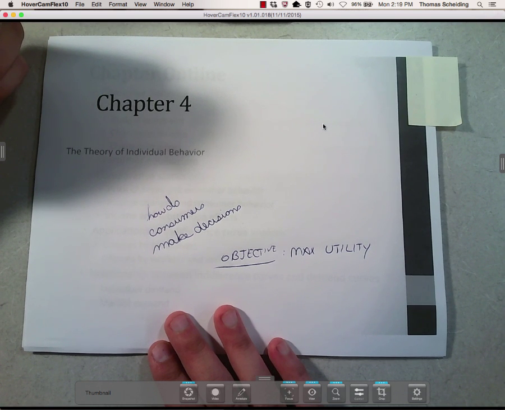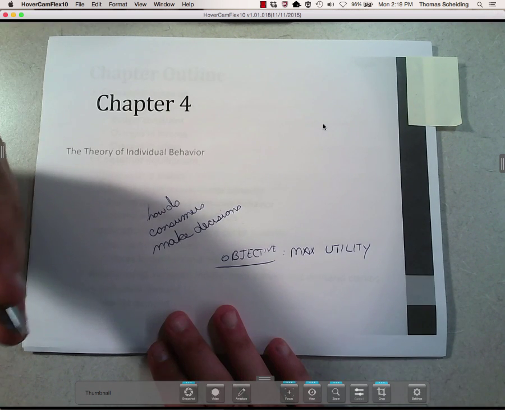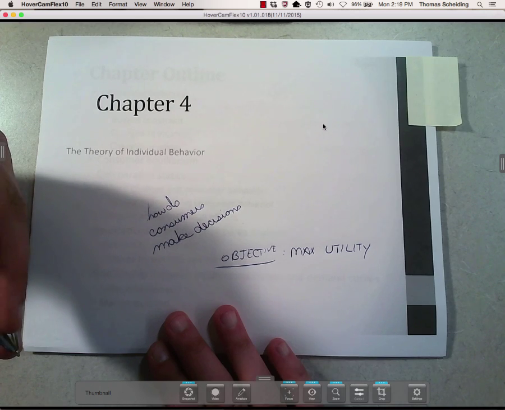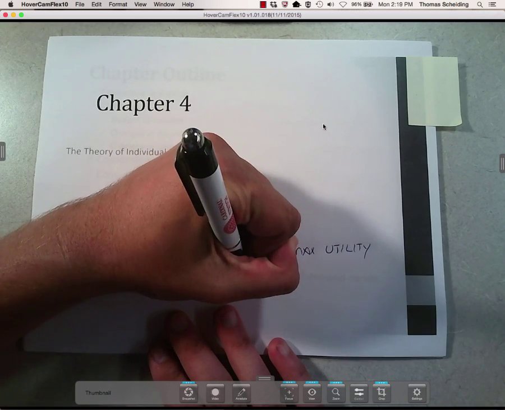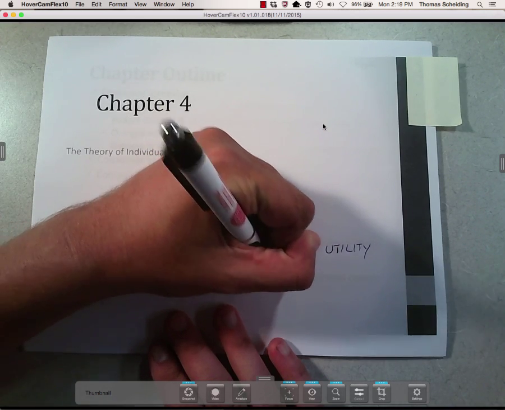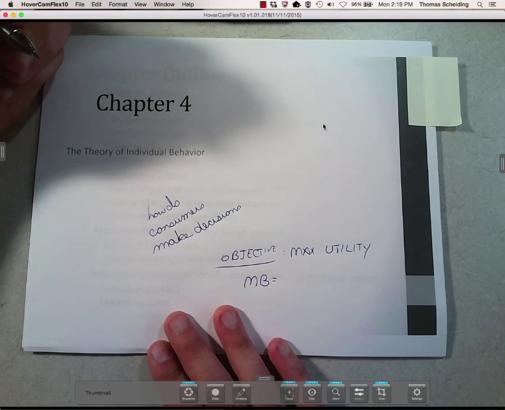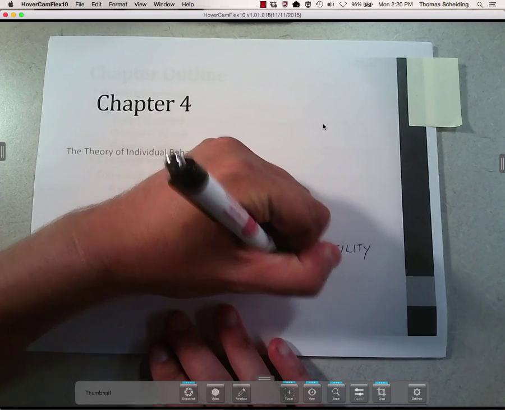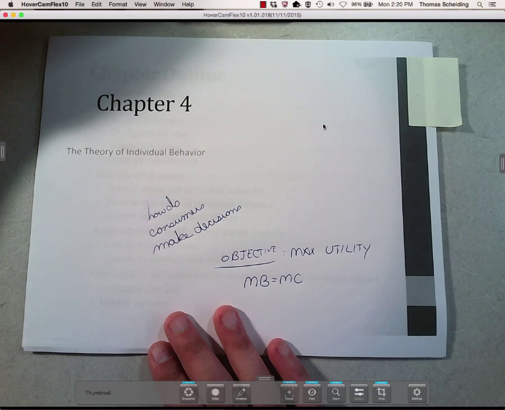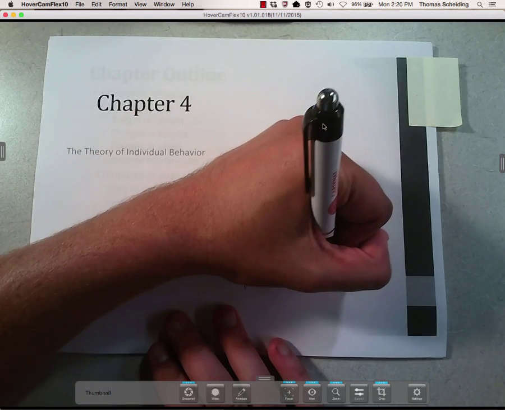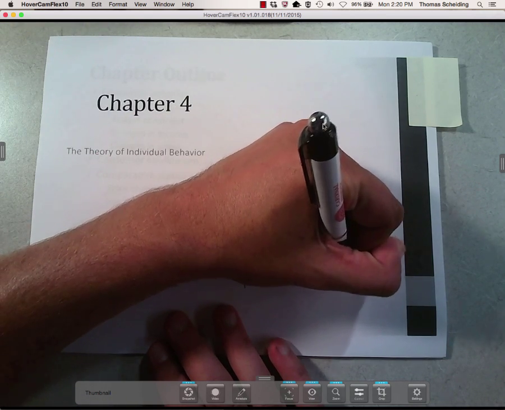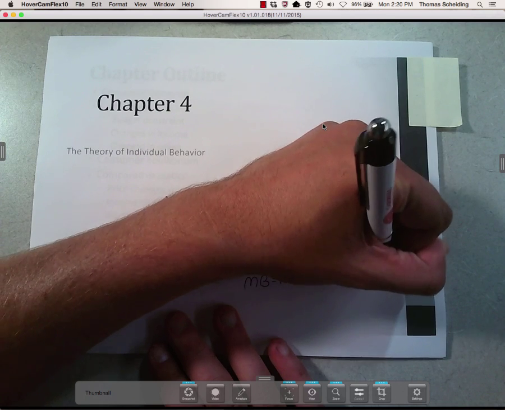And the way that we know how they maximize utility, at least from the principles class, is that they do things until the marginal benefit of doing that activity equals the marginal cost of doing that activity. Right? At that point, that would be where they maximize utility.